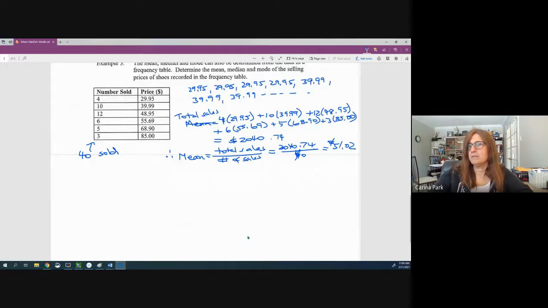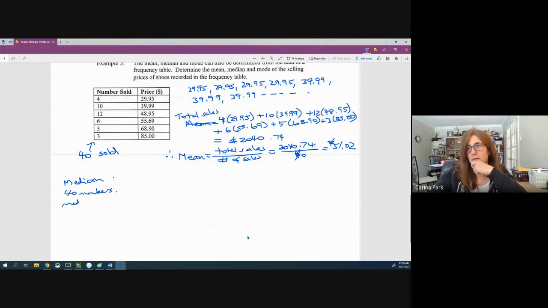So the median, so they are already in order. So you can see I've listed them here in order, up at the top. So I just have to figure out the middle term. So there are 40 numbers. Okay, if I split that 40 in half, I'm going to get 20 and 20.